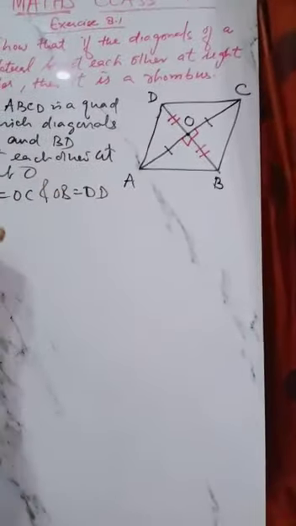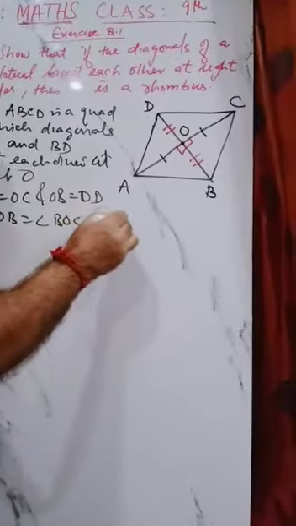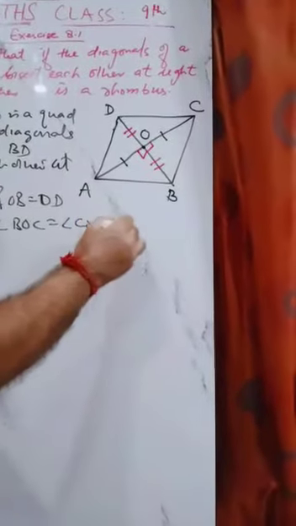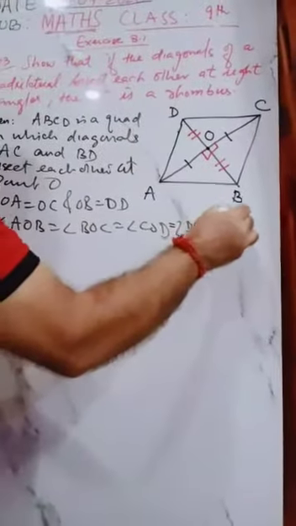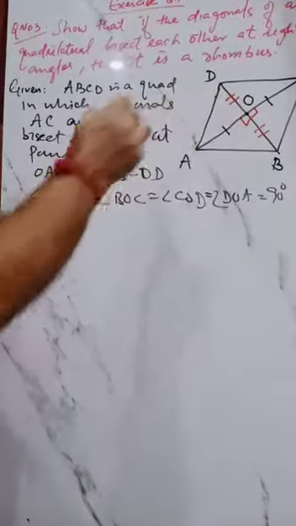Also it is given that angles AOB, BOC, COD and DOA are all equal to 90 degrees. So you can say that AC is perpendicular to BD.